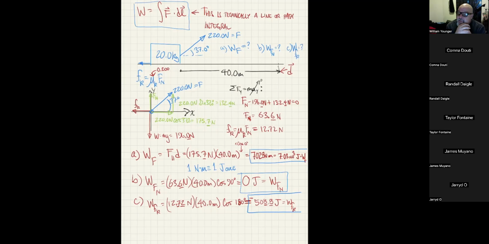Can I help anybody with anything? Jared, James, Taylor? I have a quick question. I'm currently changing majors and I need to withdraw from this course. How would I go about that process? You supposedly have an advisor that can do that for you, or that can tell you where to get the forms. You can also contact the registrar, and the registrar's office will tell you where the form is, and you just submit it.